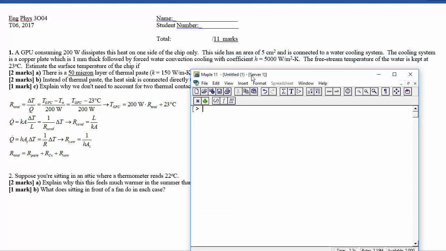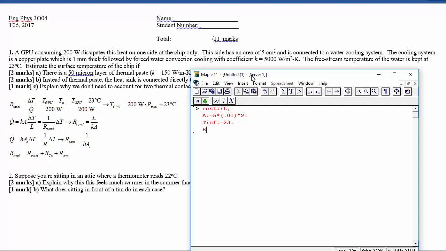So what do we need? Surface area is 5 centimeters squared, so 5 times 0.01 squared. The T infinity is equal to 23 degrees Celsius.